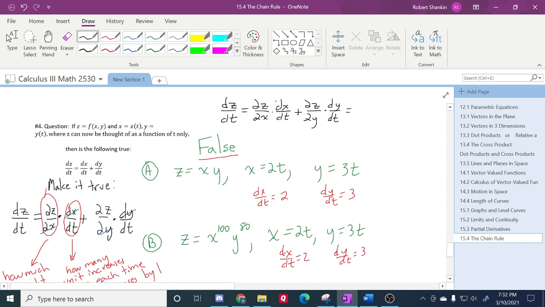Now, the partial of z with respect to x, you treat the y as a constant, and you just get y. Partial of x with respect to t is 2, plus partial of z with respect to y, take the derivative, and that's a constant, and you just get the constant.